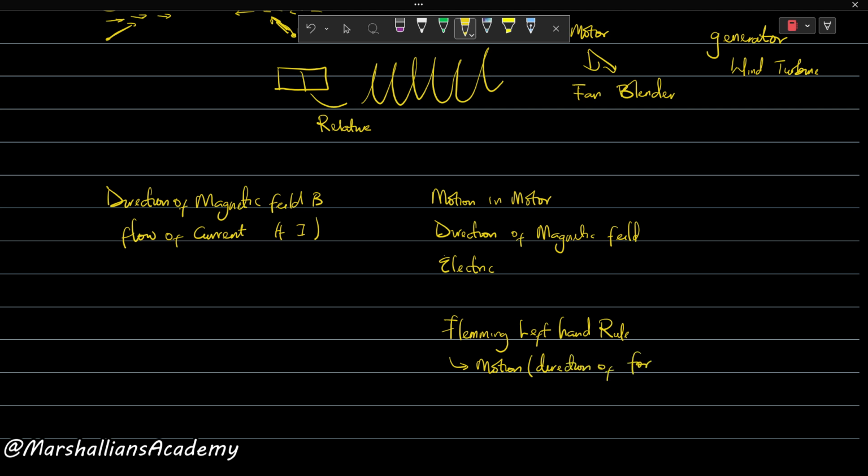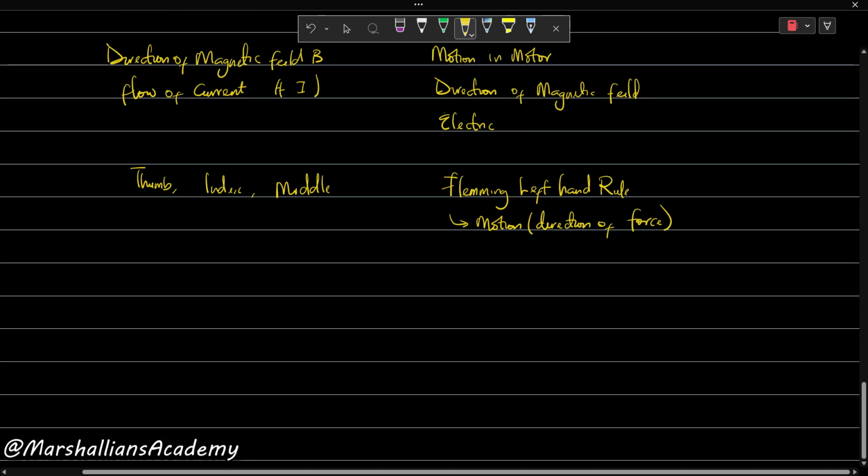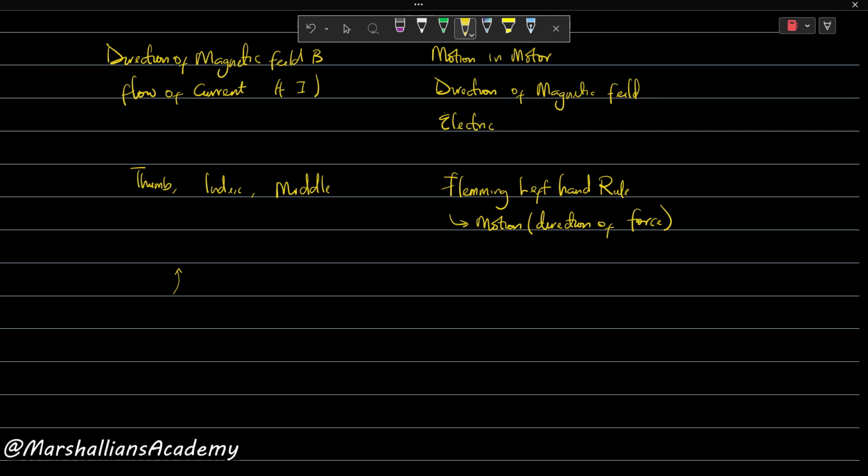And how does Fleming's left hand rule work? It says put your left hand out and make sure your thumb, your index finger, and your middle finger are at 90 degrees away from each other. If you have done that in the right way, your thumb is supposed to be facing up like this. Your index finger is supposed to be facing straight down like this.